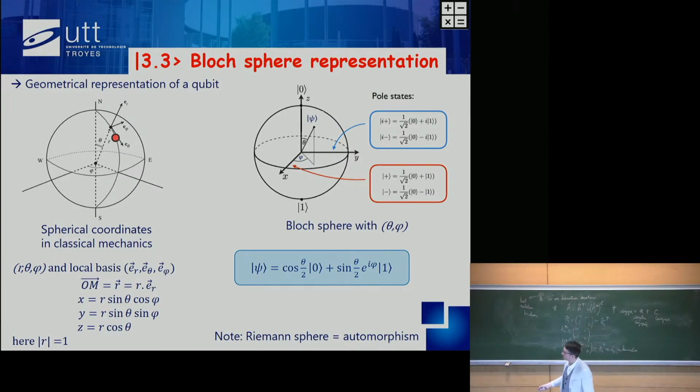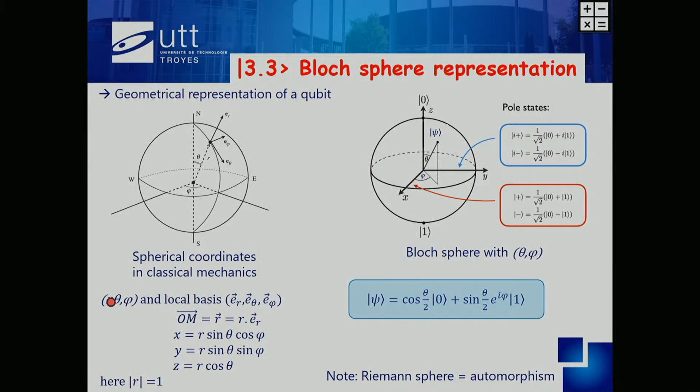And this is it. So you have to imagine a sphere. And the question is, how do I represent a point in 3D that will lie on a sphere? Well, you need three numbers. You need r, you need theta, and you need phi. So what are these r, theta, and phi?